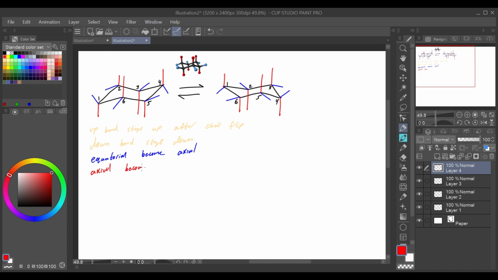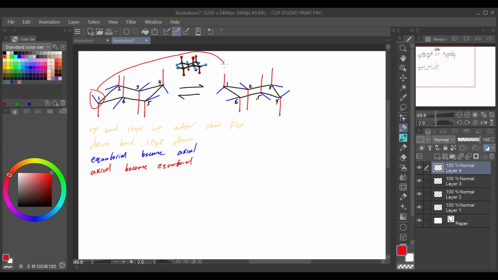For example, that blue bond pointing equatorial up on the left ring on carbon 1 becomes the red bond axial up on carbon 1 in the right ring. It's the same carbon C1, it's the same up-pointing bond, it just changed from equatorial up to axial up. You need to understand this.